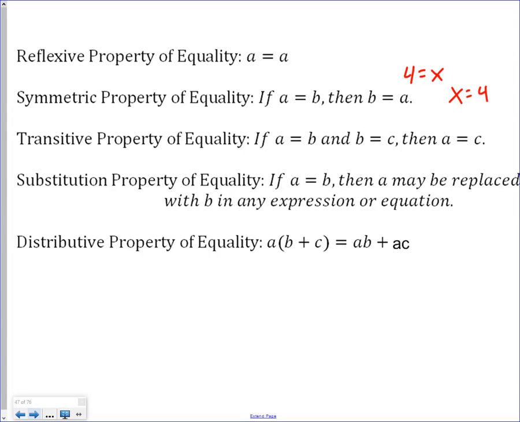Transitive property: if A equals B and B equals C, then A equals C. Transitive property is kind of similar to our law of syllogism, where the same thing is happening and you're just pushing the two statements together.